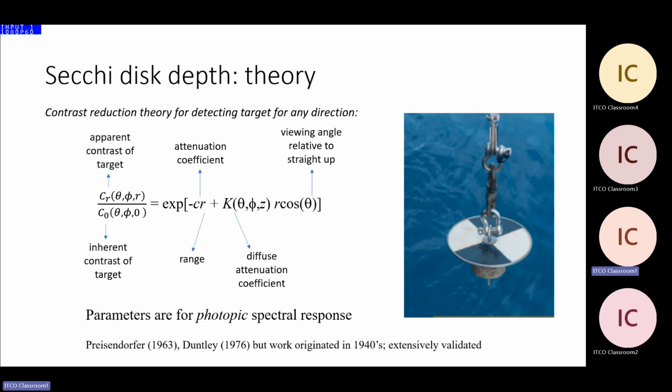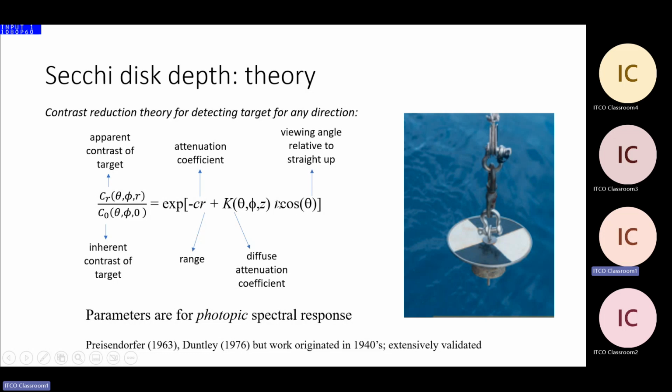When you're using the human eye, the parameters are for a photopic response. You've got the apparent contrast of the target, CR, that's normalized to the inherent contrast of the target. And then you have this exponential, which describes how that target contrast attenuates as a function of distance. You have attenuation with a range being R, attenuation coefficient C, K, which is the diffuse attenuation coefficient.